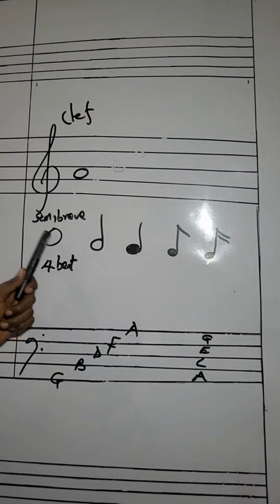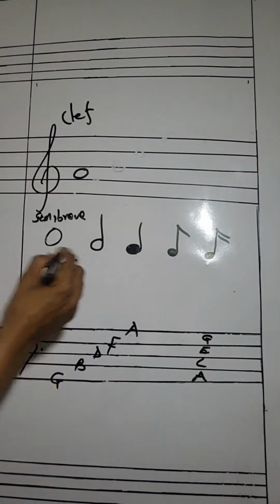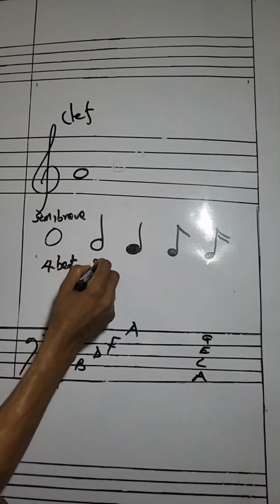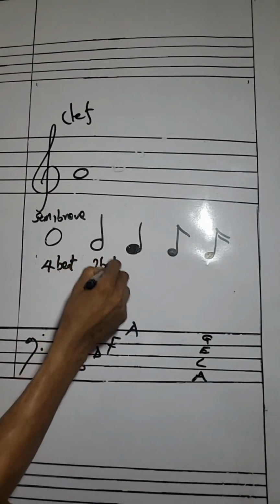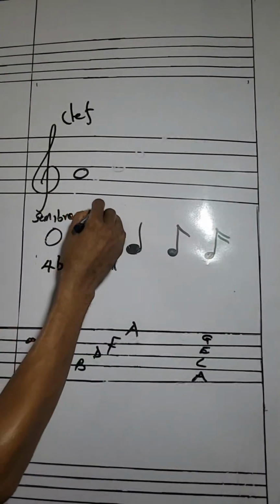If my semibreve is 4, my minim is going to be 2 beats. That is, the minim is half the value of the semibreve. So my minim is 2 beats.